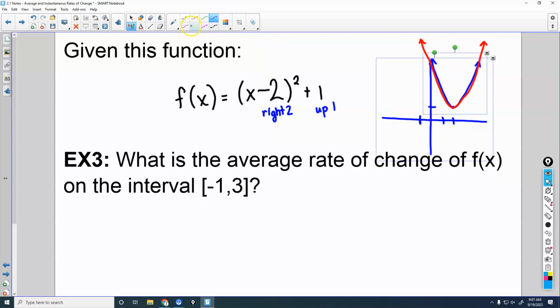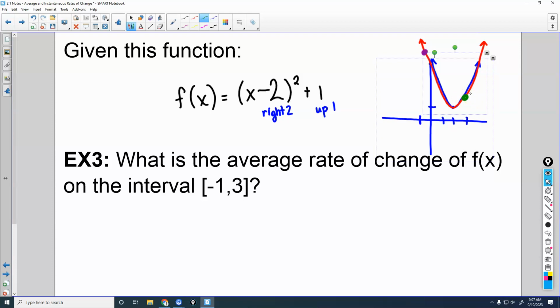So f of -1 is going to be over here somewhere, and then f of 3 is going to be over here somewhere. Just a rough sketch. I'm just doing this so you can picture what's happening.